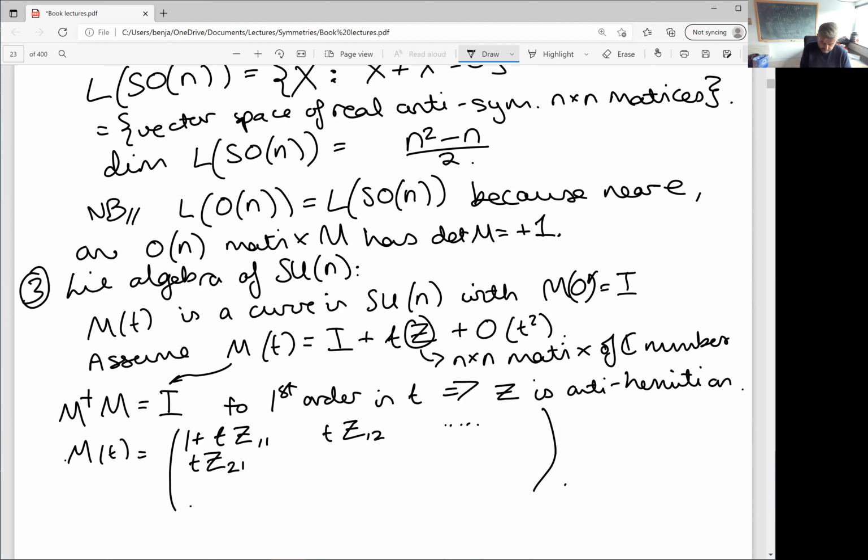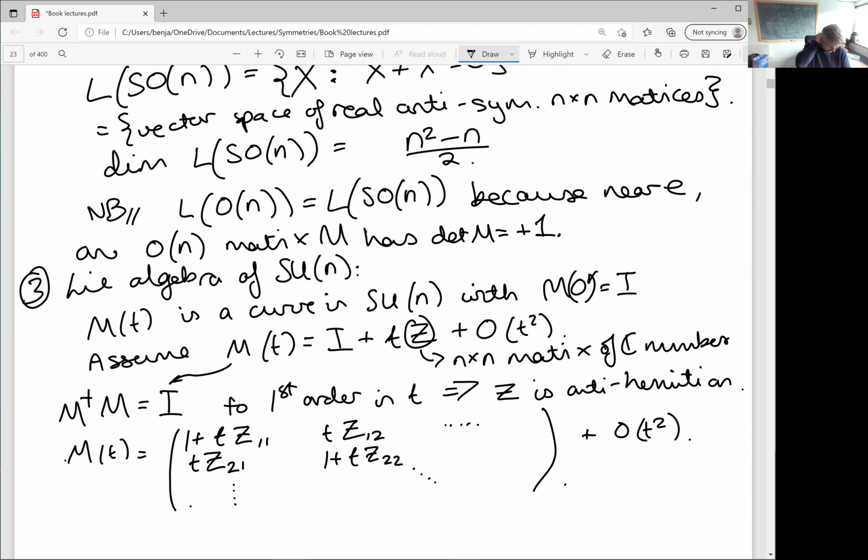I could have written this as a Z12 dagger, Z12 star, but I'm not going to. So that's our matrix, plus higher orders, I should say.